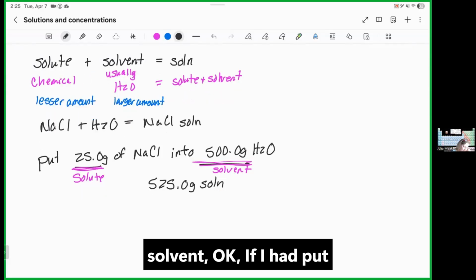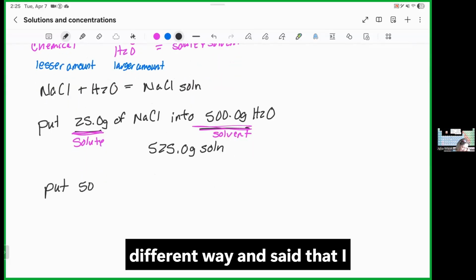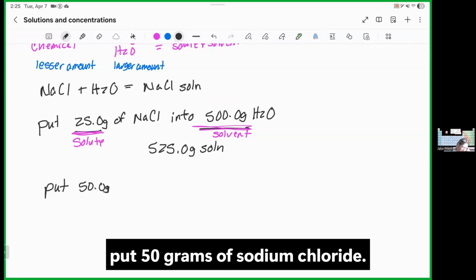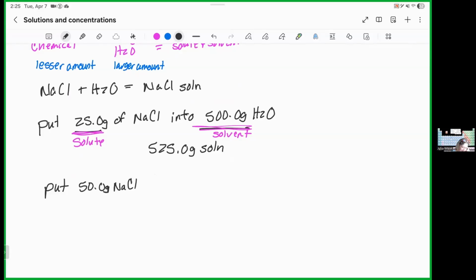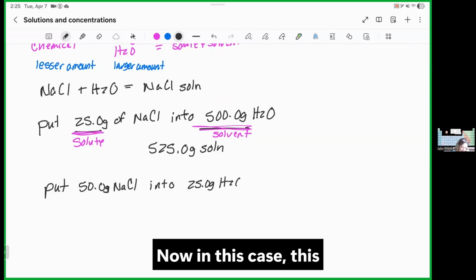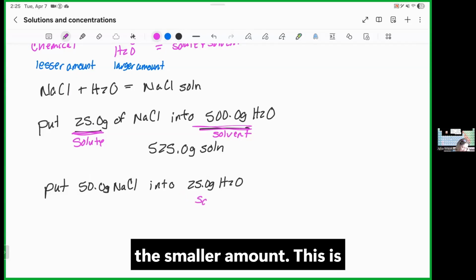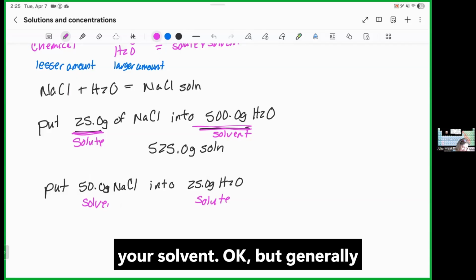Okay, if I had put that a different way and said that I put 50 grams of sodium chloride into 25 grams of water, now in this case, this is your solute because it's the smaller amount. This is your solvent.